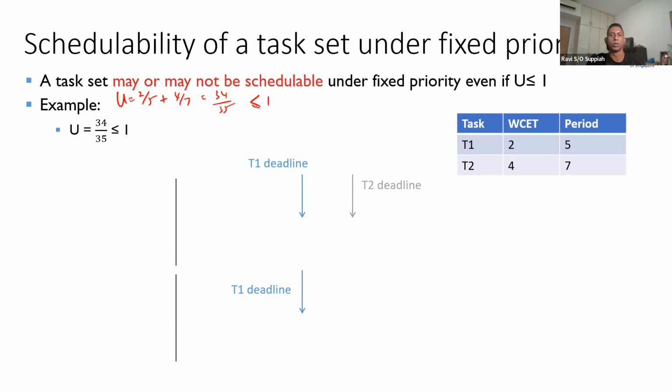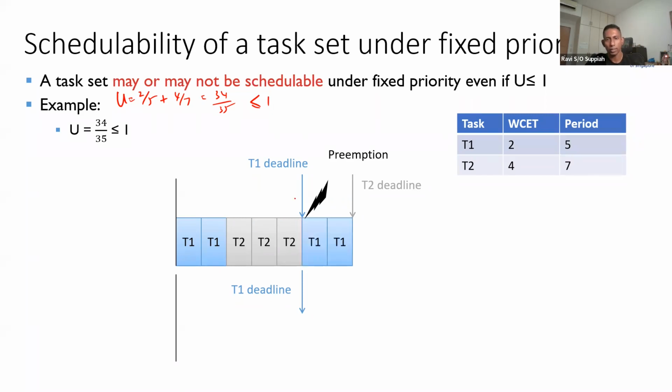But if I analyze it by drawing out the timing diagram, you will see that if I follow the RMS rule, since task 1 has a smaller period, it is a higher priority, so task 1 will run first, followed by task 2. Since task 1 has a period of 5, when task 2 is running, before it can finish, task 2 will be preempted by task 1.